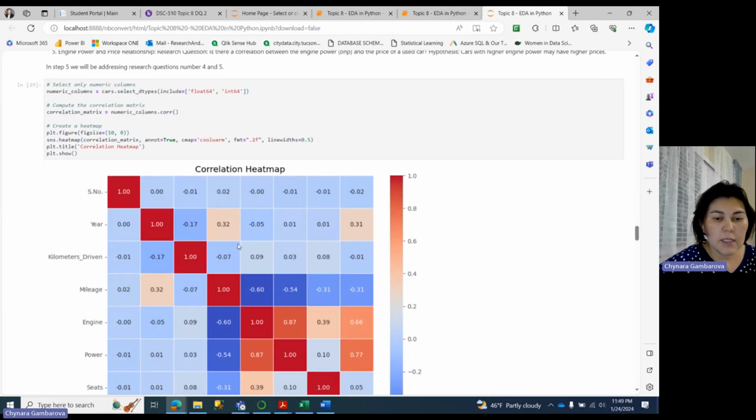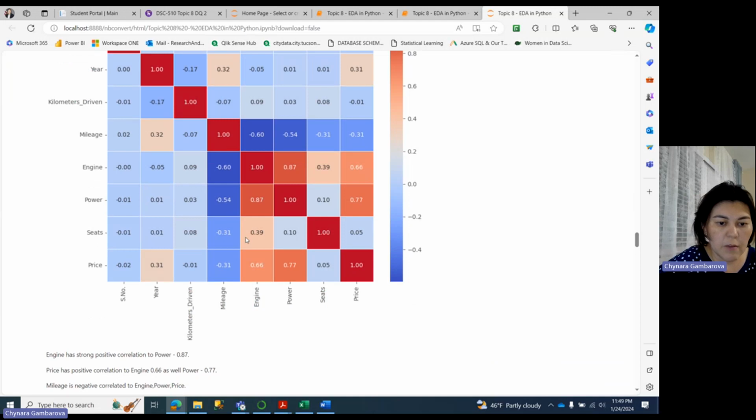Okay. The next thing we are doing, we are looking at the correlation of the numeric variables, and you can see engine has a strong positive correlation with power, 0.87. Car price has positive correlation with engine, 0.66, and with the power it has 0.74.